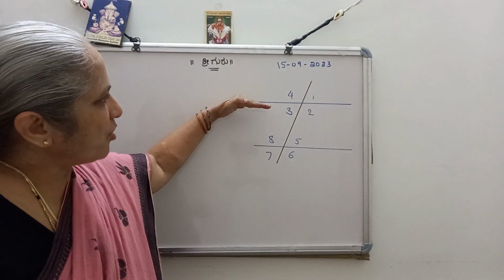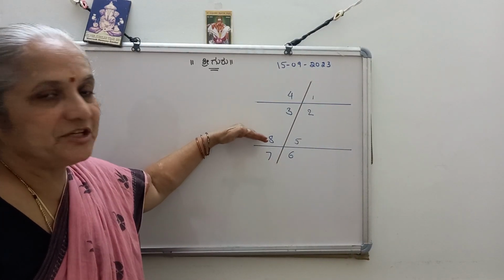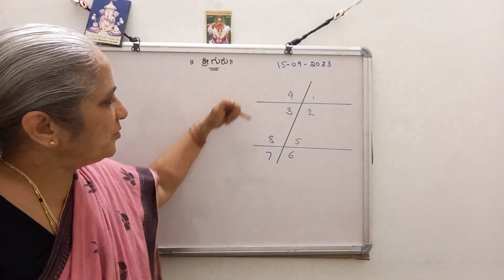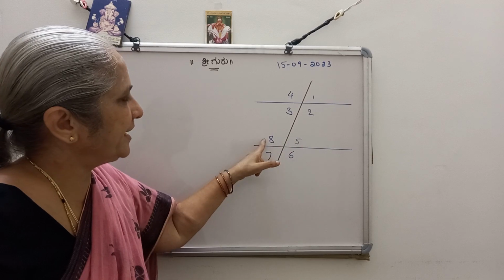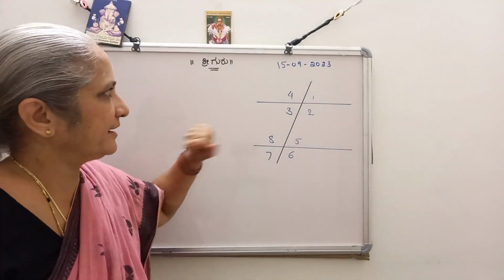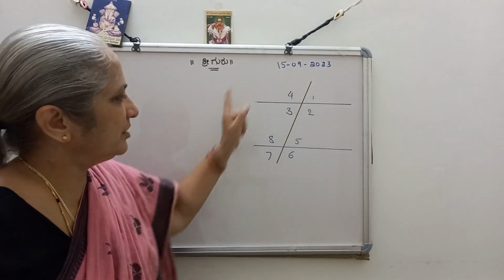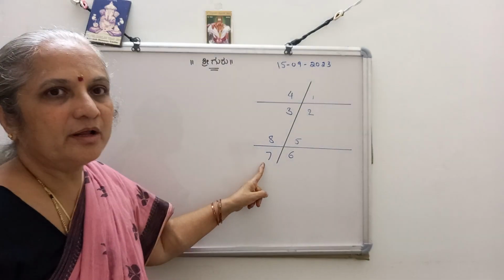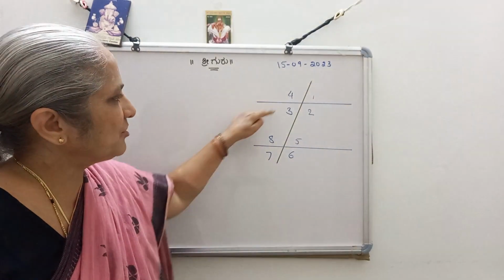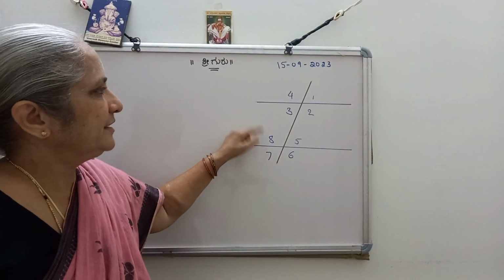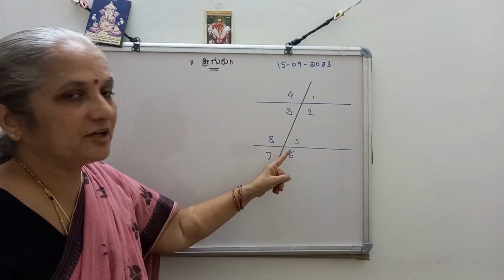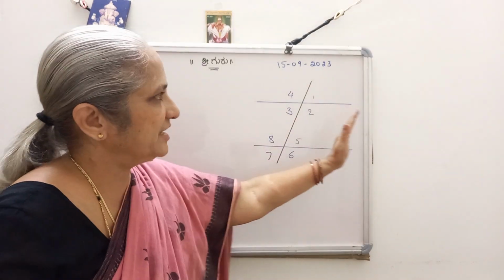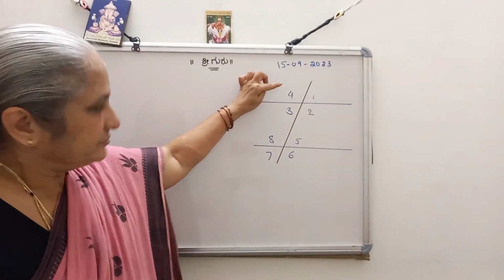The angles formed inside the region of two parallel lines are called interior angles. 2, 5, 8, 3. These angles are interior angles. And 1, 4, 6, 7 are called exterior angles. And 3, 8 are called the interior angles on the same side of the transversal. 2 and 5 are called interior angles on the same side of the transversal.